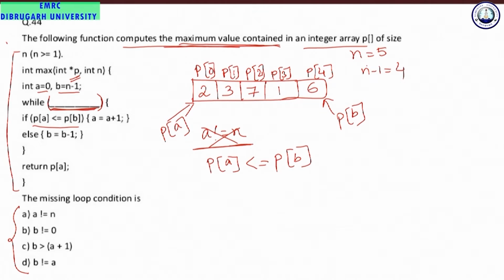So you have to check. p of a is 2 less than equal to p of b is 6, your condition is fulfilled. When your condition is fulfilled, what will you do? Now this one will not point here and it will point at this location, and again you will check the condition because you will repeat again and again.